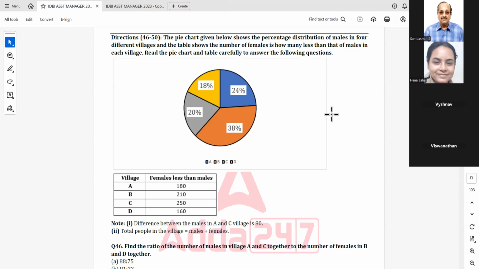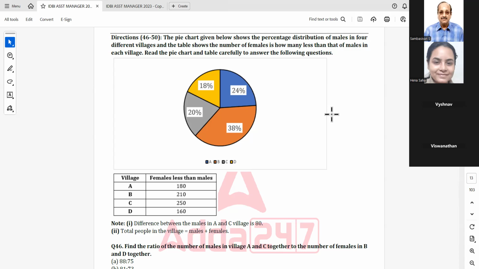What is the total population of A? 480 plus 300, 780. Yes, sir. Then 760 plus 550, 1310. Am I right? Am I putting it wrongly? Yes, sir. 1310. Correct. Then village C: 400 plus 200?